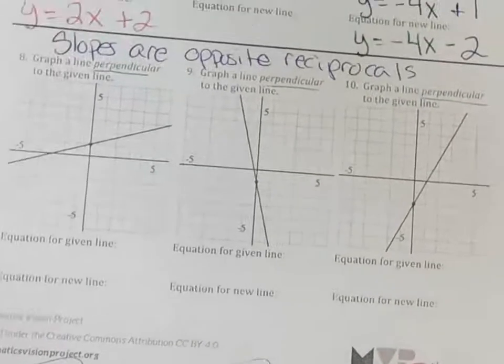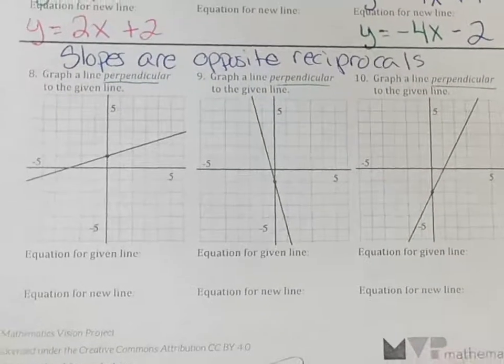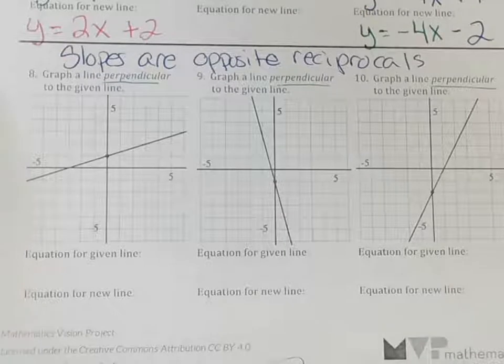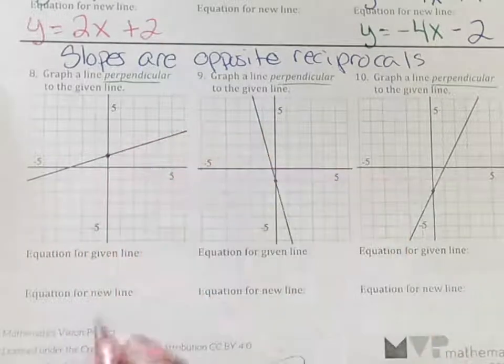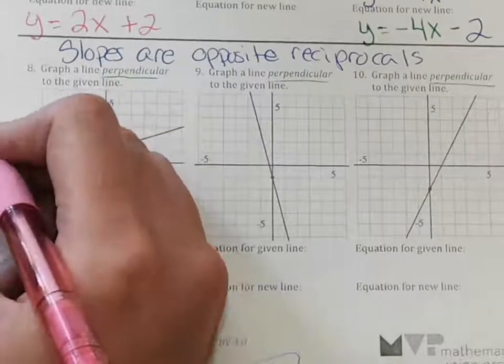All right, let's do number 8. So our first step, once again, is to find the equation for this given line. My y-intercept is 1, so b equals 1.